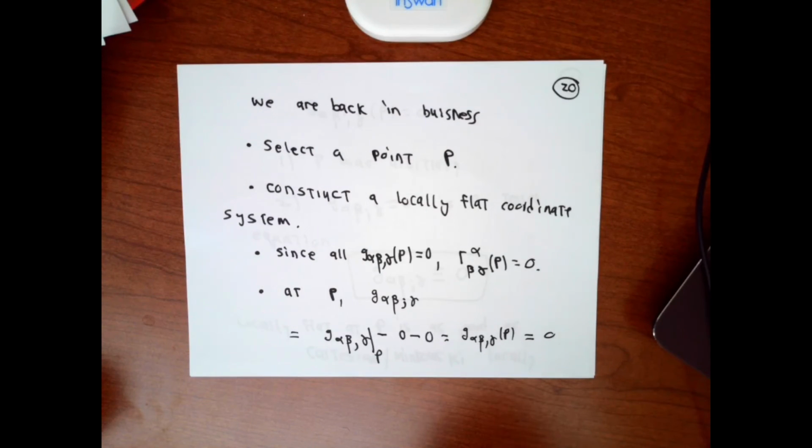At P, g_{αβ;γ} is the ordinary partial derivative minus a Christoffel symbol that is equal to 0 multiplied by something, minus a Christoffel symbol which is 0 multiplied by something. I get that I must have 0 there.